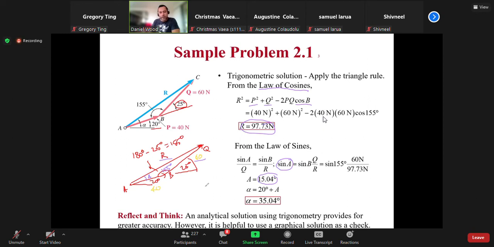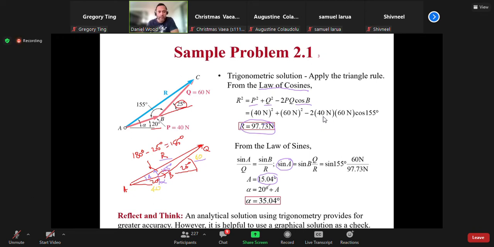So therefore, the line of action of the resultant R with respect to the horizontal is equal to alpha, and alpha is equal to 20 degrees plus the internal angle A. Yeah, Dwayne, it doesn't always have to be to the horizontal, but because the original problem defined all of the lines of action of P and Q with respect to the horizontal, it's better for you to put it within that system.